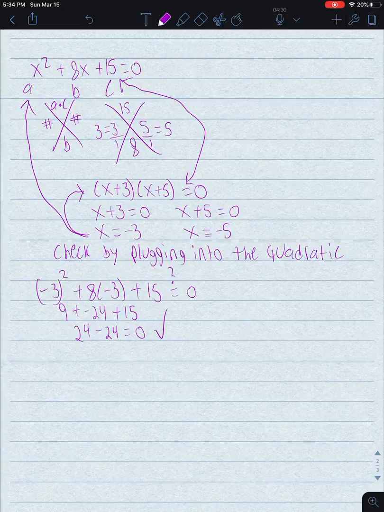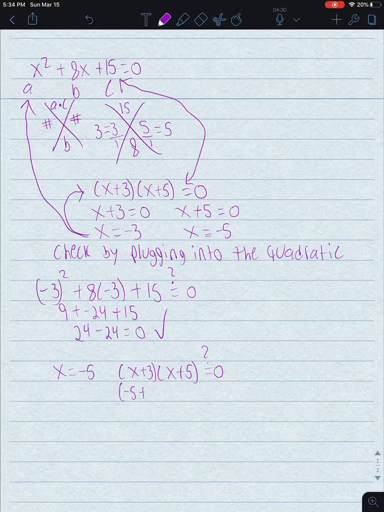To show that you could plug in the other factor into this one here, into x plus 3, x plus 5, let's check that one. So if x is equal to negative 5, and my equation is x plus 3, x plus 5 equals 0, let's plug in negative 5 and see if this works.